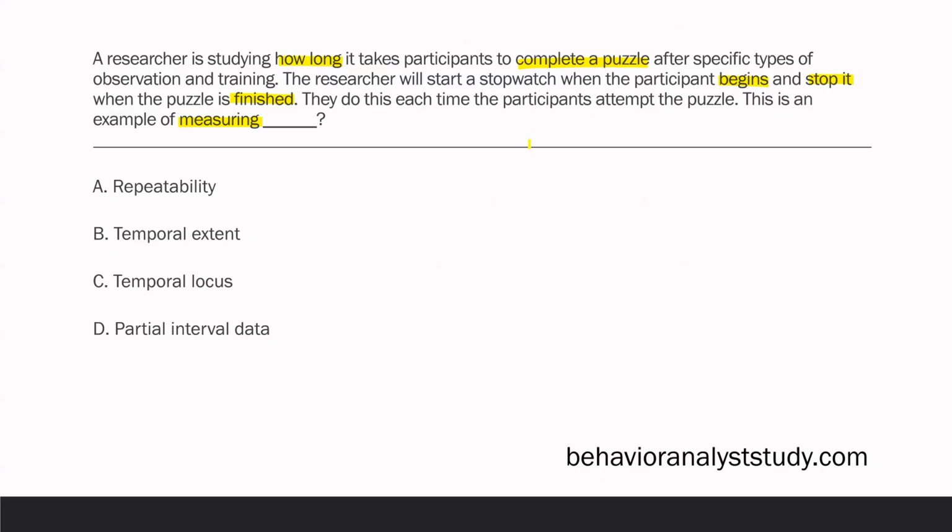So each time the researcher is measuring how long the puzzle takes to complete, they're measuring duration or the temporal extent. Temporal locus is inter-response time and latency. We're not measuring time in between anything here, so it's not temporal locus. And then partial interval data. We know this is continuous because the researcher is measuring the full length of the puzzle every time the puzzle is attempted. So what are we measuring here? B, temporal extent.